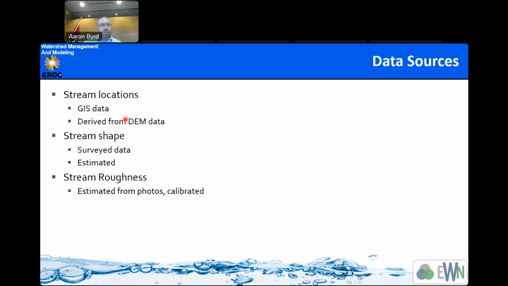Stream locations, y'all saw how we can get them. There's also a national hydrography data set that has a lot of stream locations. People are working on making them match the DEM data. Sometimes it does, sometimes it doesn't. If you pull straight from the national hydrography data set, then the worry is: is my DEM model aligning with my stream model?